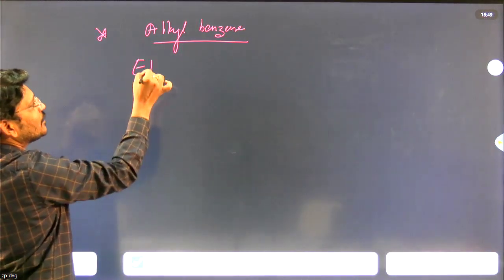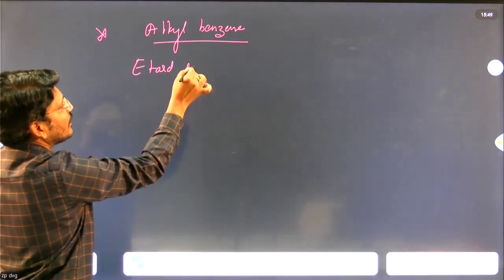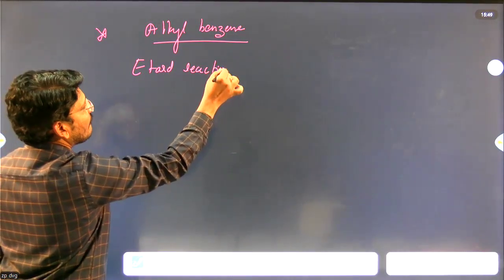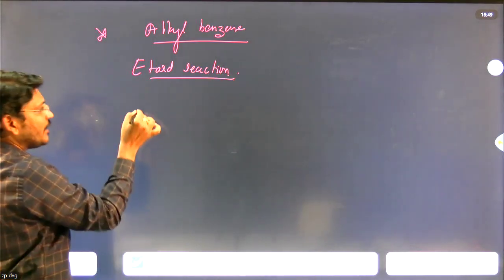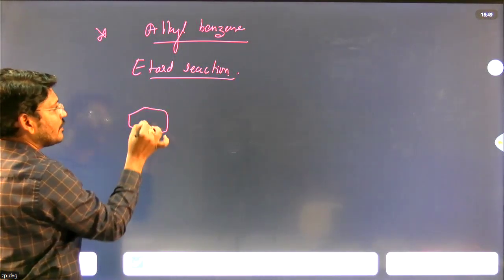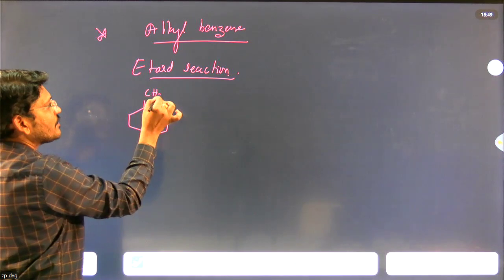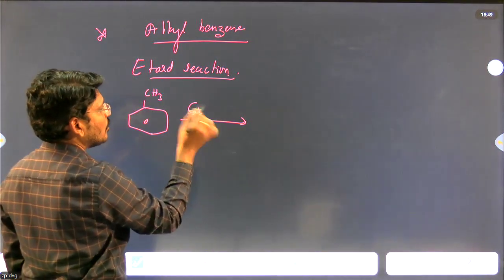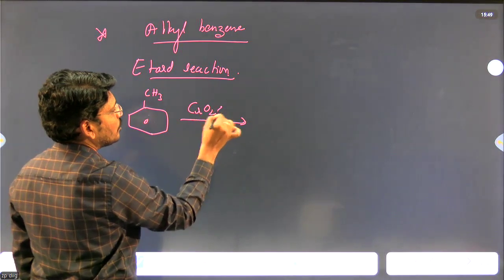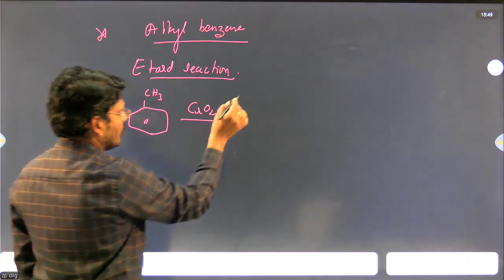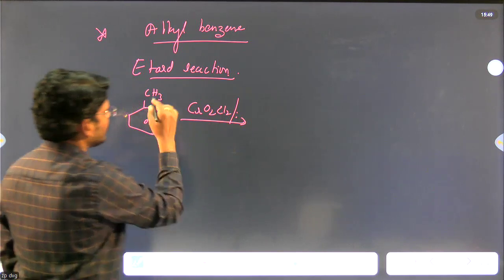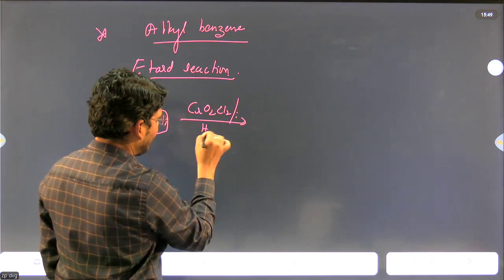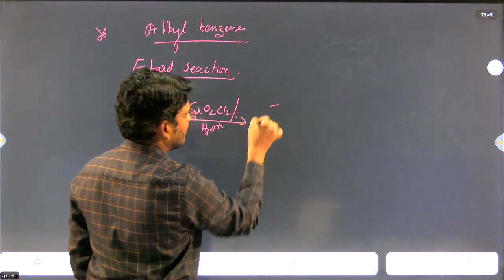So already you know that one reaction is called the Etard reaction. In this reaction, we take the same benzene, this benzene which contains CH3. When it undergoes reaction with chromyl chloride, CrO2Cl2, and then on further hydrolysis, we can get benzaldehyde.